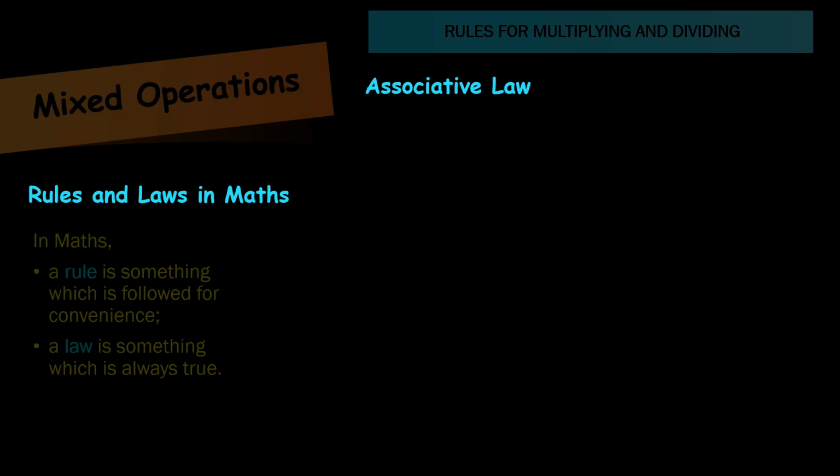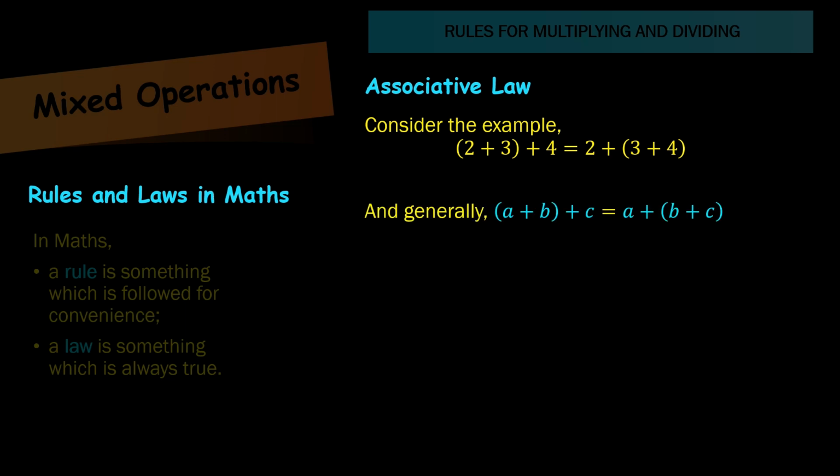Now let's consider the associative law. Consider this example. 2 plus 3, plus 4 equals 2 plus 3 plus 4. More generally, a plus b plus c equals a plus b plus c.